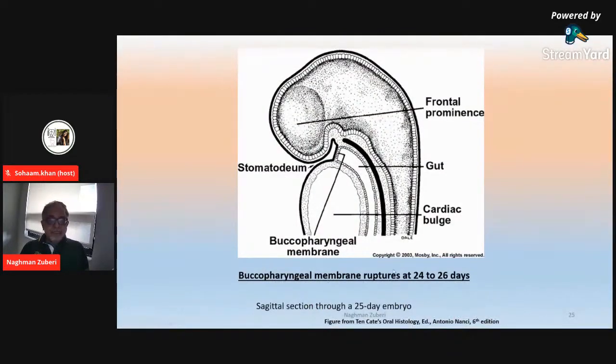Well, now the buccopharyngeal membrane ruptures between the 24th and the 26th day. This is the cardiac bulge. This is the frontal prominence, and this is the future GIT or gut. This is the future oral cavity, the stomodium.